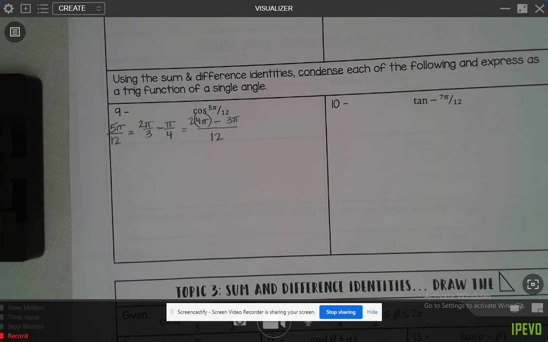You guys, we did this last week. Do we remember doing these? From here, what am I going to use? Sum or difference, sine, cosine, tangent. Clearly difference because I'm subtracting, right? Difference. Cosine, because that's what I need to find. So you need to do the cosine difference formula.